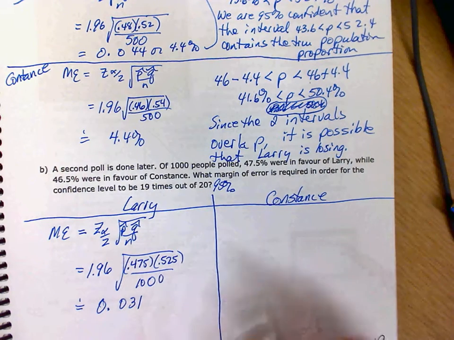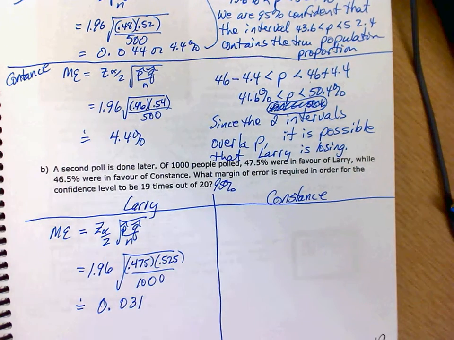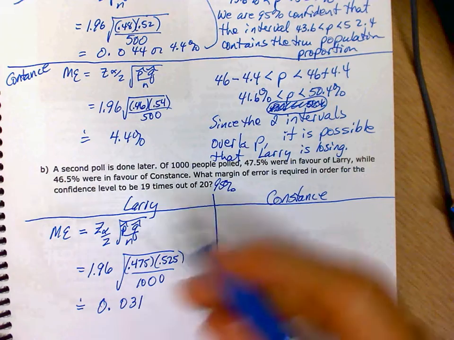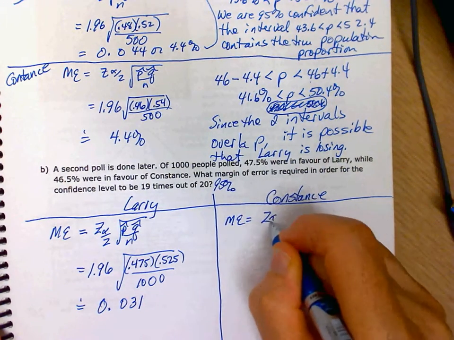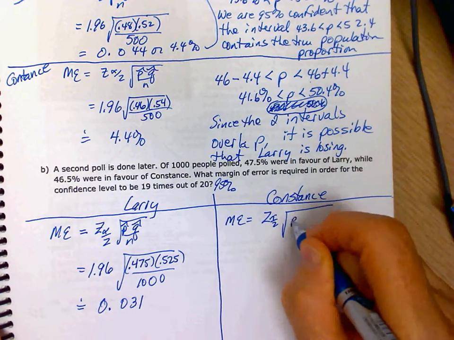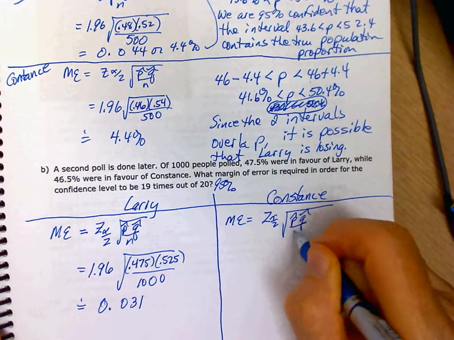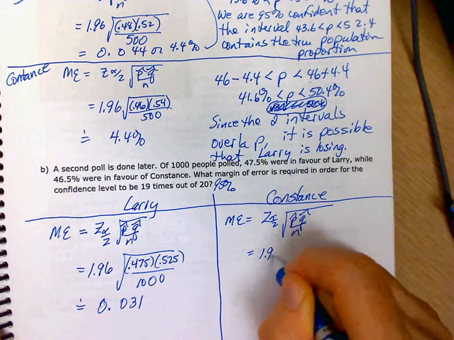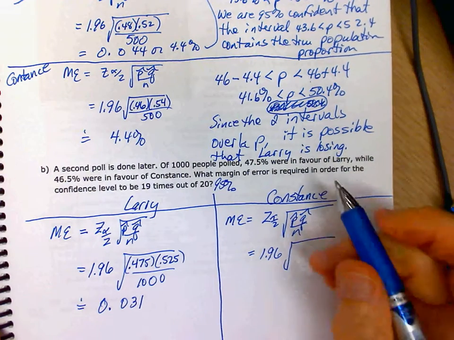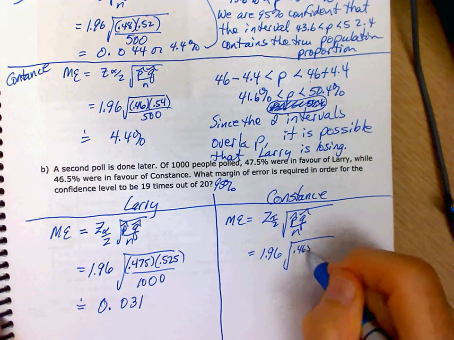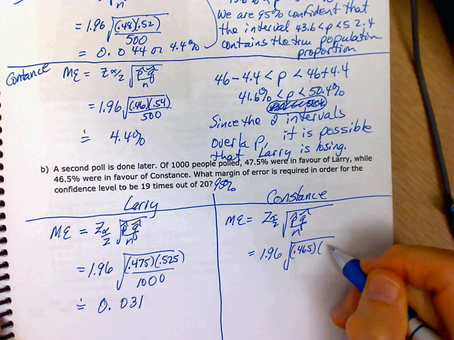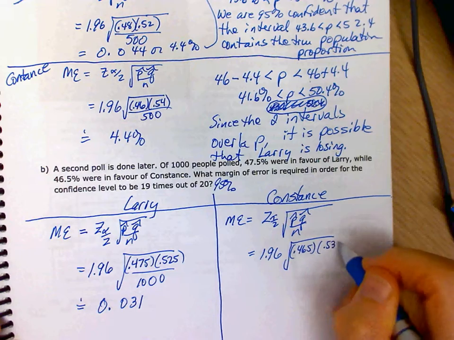Margin of error equals Z alpha over 2 times the square root of p hat q hat over n, 1.96. Now Constance is 0.465 times 0.535 over 1,000, and that's equal to, again, 0.031.